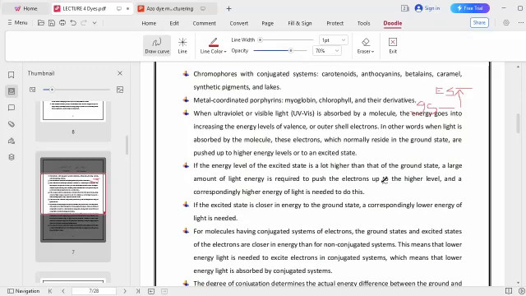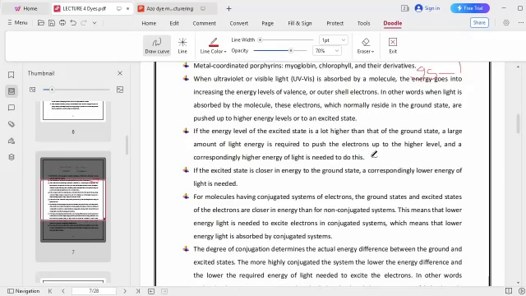So that's one property you need to know about conjugated systems. They just need a small amount of energy to excite what? Their electrons, the conjugated systems. But molecules without conjugation, they need a lot of energy to excite their electrons.